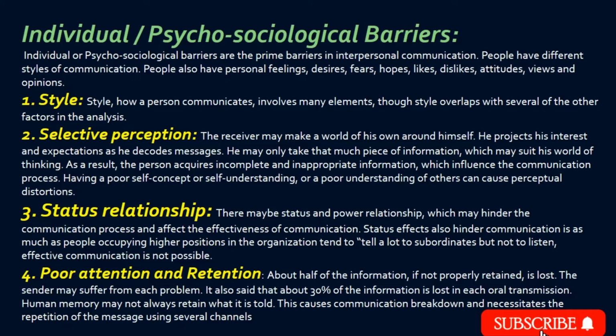As a result, the person acquires incomplete and inappropriate information, which influences the communication process. Having a poor self-concept and self-understanding, or a poor understanding of others, can cause perceptual distortion. Yeah, this is also an important thing. So many people never understand others.